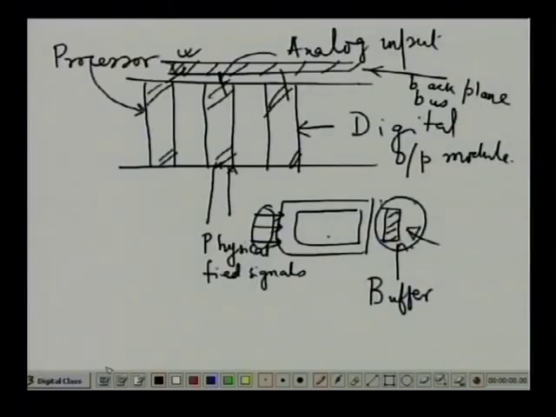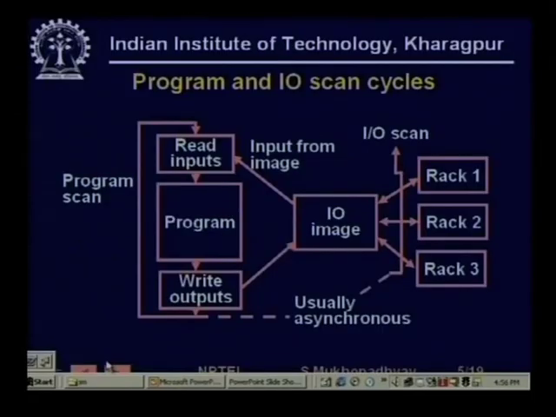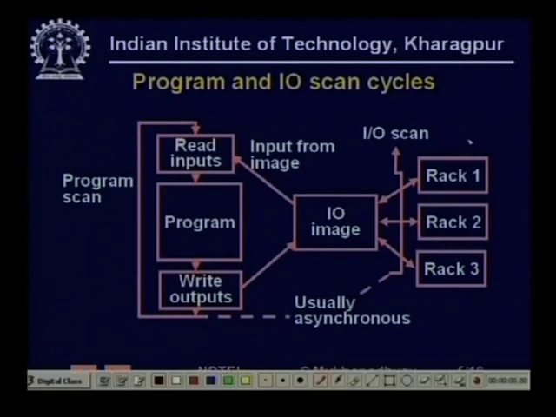Having understood this, what is happening is that you see these are the various racks. These are the IO racks, this could be an analog input, similarly this could be a digital output, various kinds of things. So, there is a scanning mechanism which goes on, which continuously updates, either reads from the racks if it is an input rack or writes to a rack from a part of the memory.